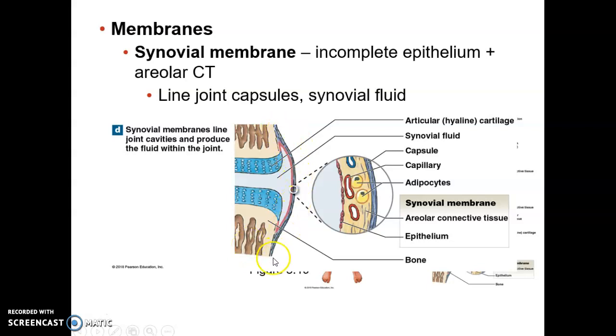And then here's the outside joint capsule, dense connective tissue, but on the inner lining, that's the synovial membrane, an incomplete epithelium, mesothelium, and an underlying connective tissue. The epithelium produces the synovial fluid, which fills the synovial cavity and provides a nice lubricating fluid and some cushioning to help have nice healthy joints.